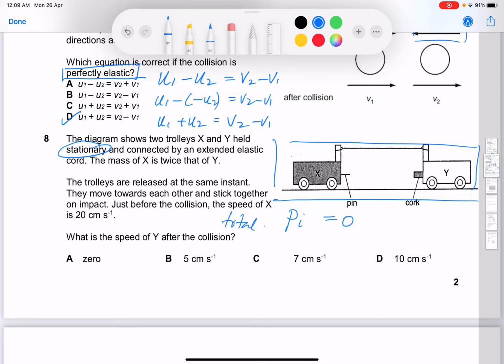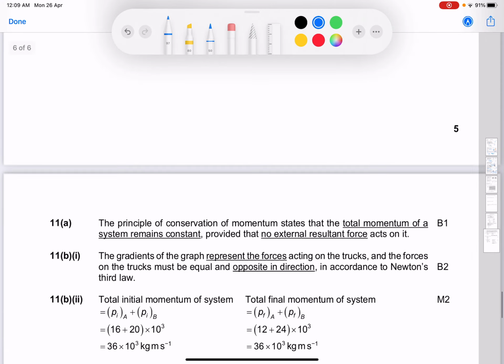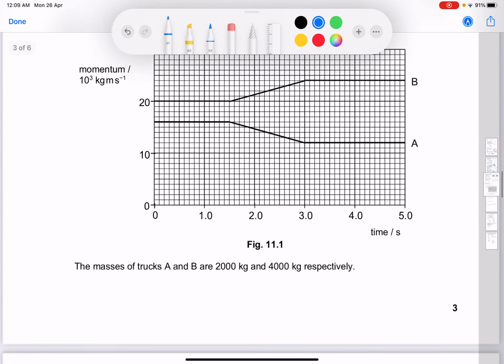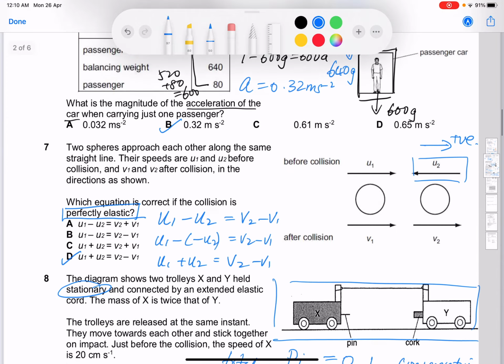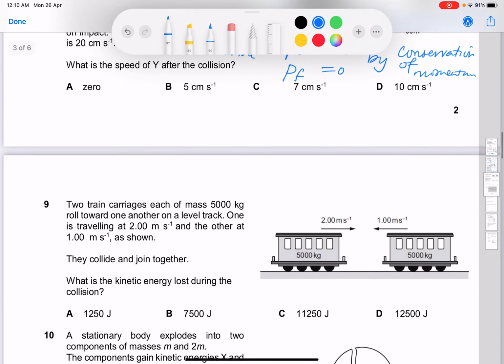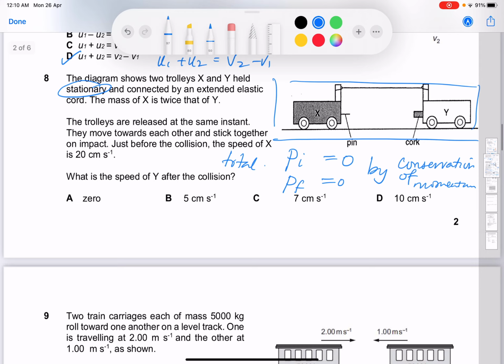So they can go towards each other and stick together, but after that, their final momentum must be 0 by conservation of momentum. Okay, so the answer is A.